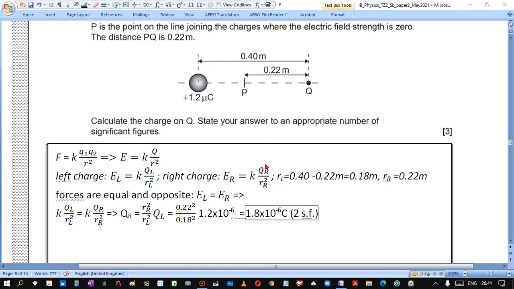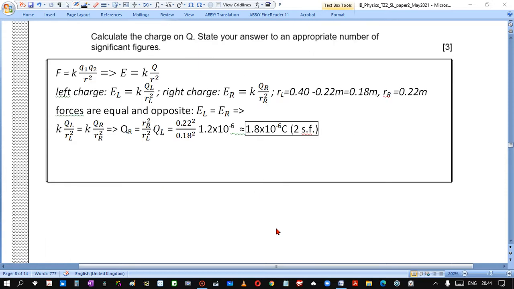The right charge creates field strength, and because the field strengths are equal and opposite, these expressions are equal and opposite. We simplify, rewrite the formula, and we get the expression for the right charge, and we give the answer to two significant figures.